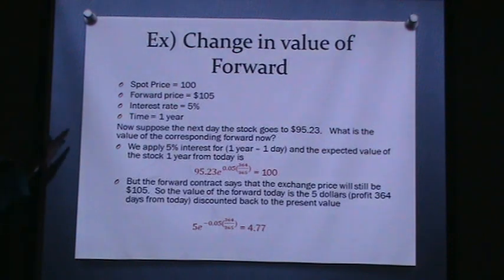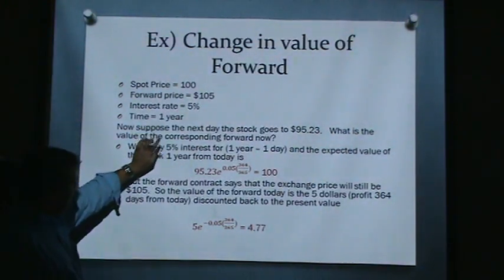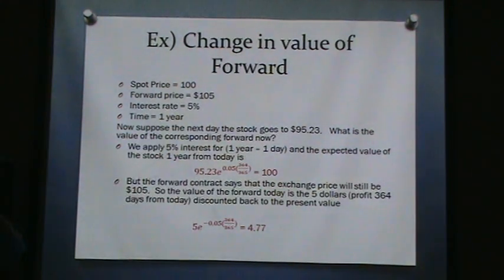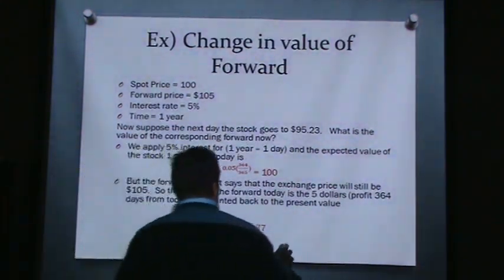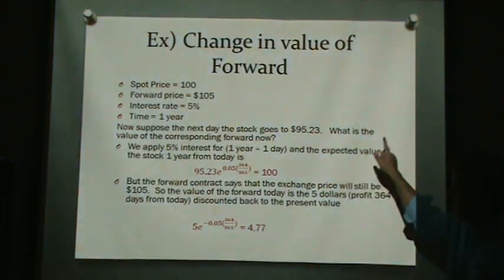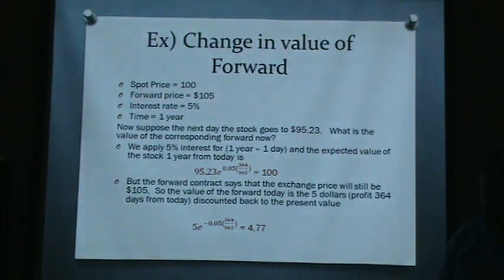So for the bookkeeping of this, the company or the person who signed the forward contract saying, I agree to pay 105 a year from now regardless of what the price is. If after one day the stock price went to 95.23, that person lost $4.70 that day.